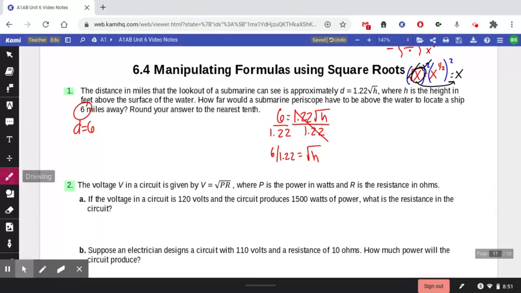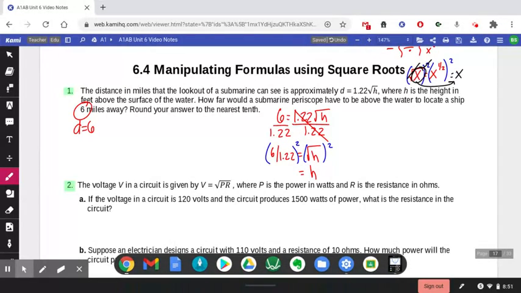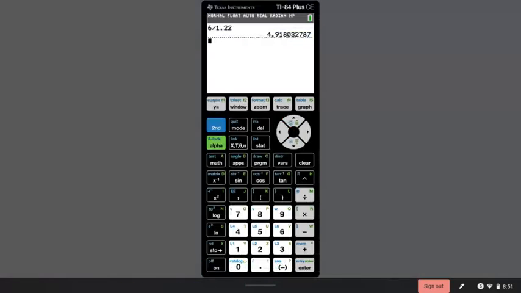What we're going to do here is then square both sides. So just like we can add or subtract to both sides, we can also square both sides here. What that's going to do for us is get rid of the square root on the right side, and we're going to get h is equal to. Then in our calculators, we're going to plug the left side in. We can say 6 divided by 1.22, or you could use a fraction as well, but we're going to square that whole thing.